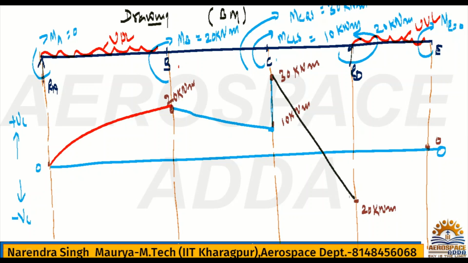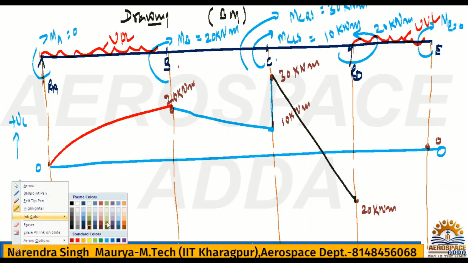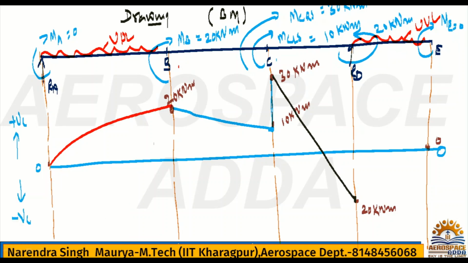Right. Now this is D and E. In between D and E, what we have is a UVL. If it is a UDL, then it is a parabola for the bending moment diagram. But once it is a UVL, then a cubic will come. A parabola is 2 degree, so cubic means 3 degree.